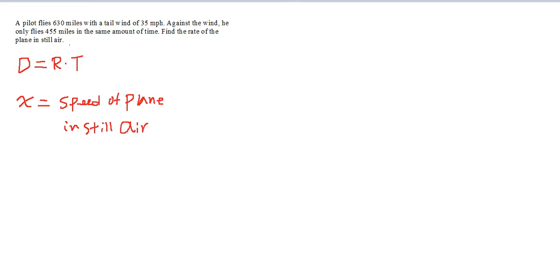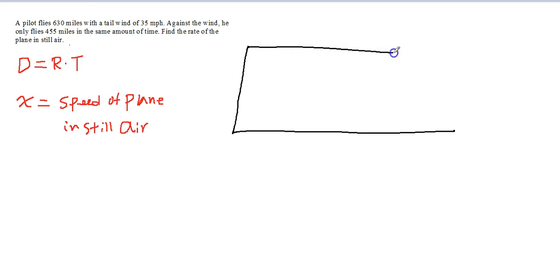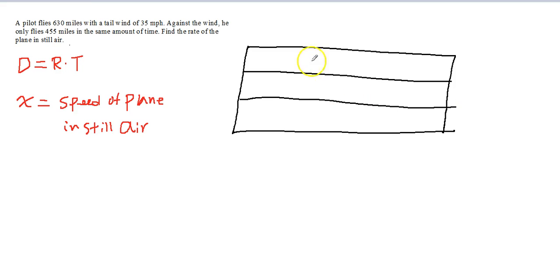I suggest that you make some kind of a box. You're probably going to need this, so I'm going to make a box here. Pardon my drawing. I'm going to write distance, rate, and time.